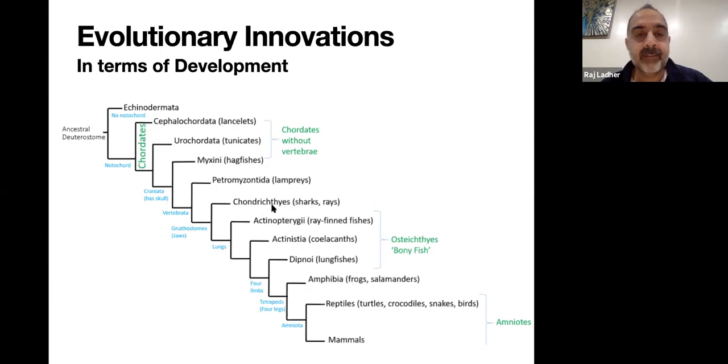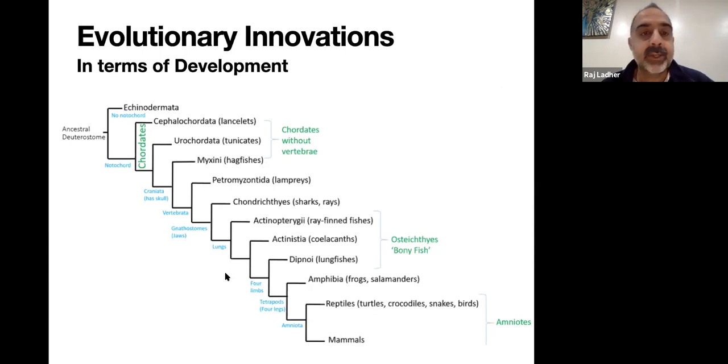So now we're jawed fish. We have 4 limbs here, tetrapods, and we now have an amnion, a yolk sac, which allows us to lay our young, which allows young to be nurtured by yolk. So we're an offshoot of reptiles, which includes turtles, crocodiles, snakes, and birds. And this is us, mammals.